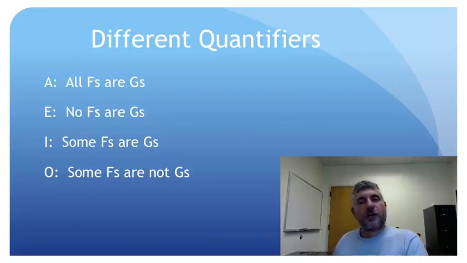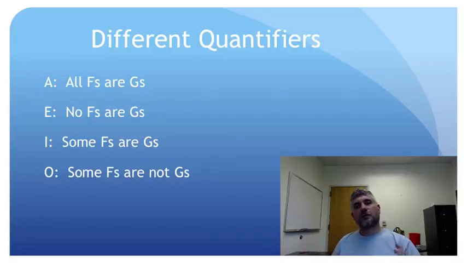Then there's the quantifier some. Now, the quantifier some can be used to make statements of two very different kinds. You could say that some things that fall into one category also fall into a second category. So if you said, some humans are female, some Coursera students are American, some Americans speak Spanish, right?